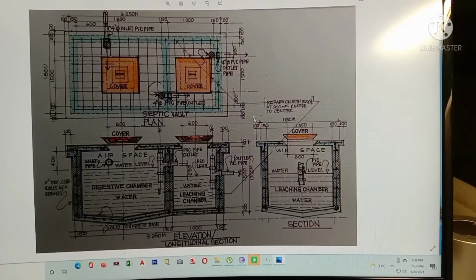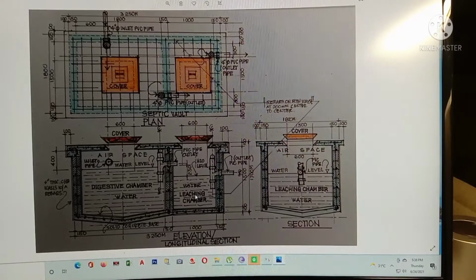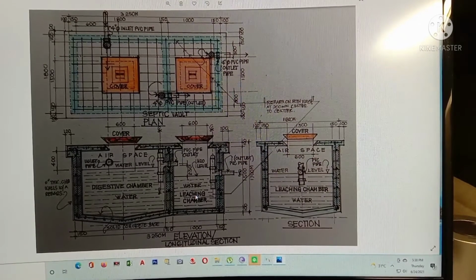So the water there is a little lower, let's say 250 mm. The water levels of the digestive chamber and the leaching have different levels so that it will be constantly flowing. If the water in the digestive chamber gets filled and reaches the certain point of opening where the pipes are, it will be thrown out directly by this outlet pipe into your leaching.